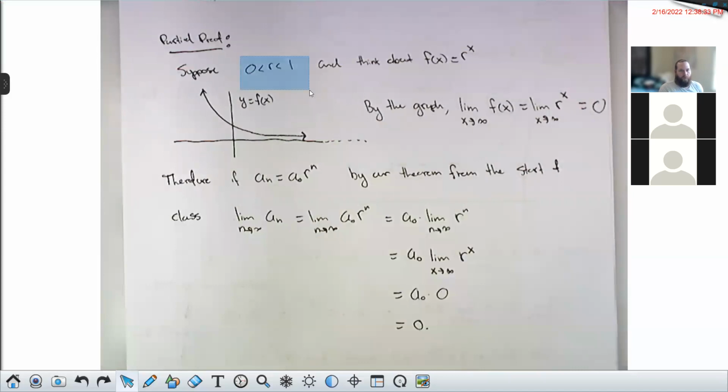So if r is between 0 and 1, then the geometric sequence a_n equals a naught times r to the n converges to 0.